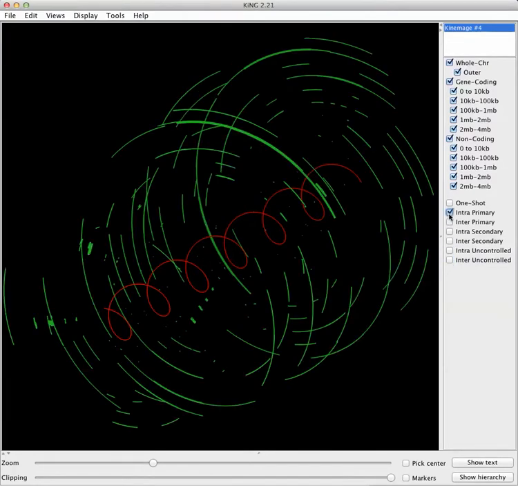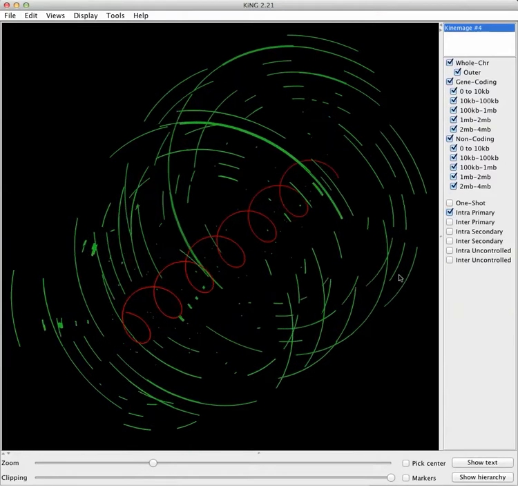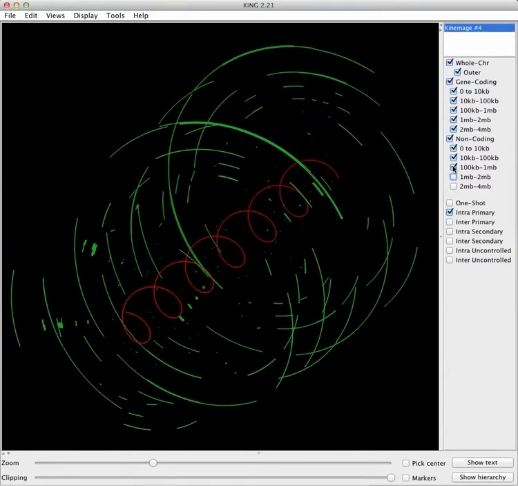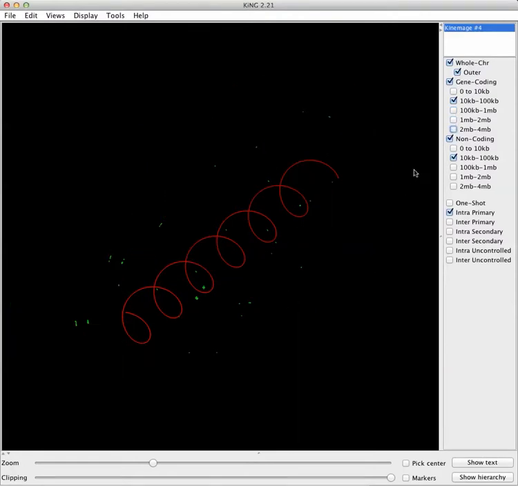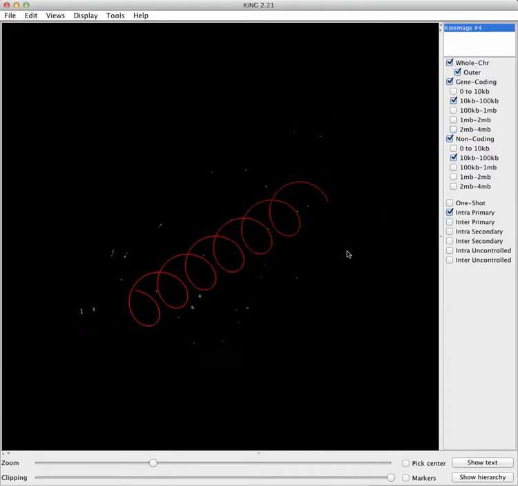But the purpose of this graphic is to give you control over looking at loop lengths in a systematic fashion. And so if you only want to look at loop lengths of a certain range, you can just turn off these switches and see what the results are.